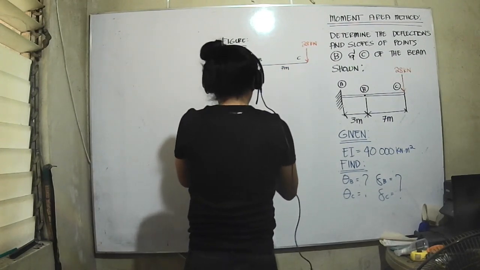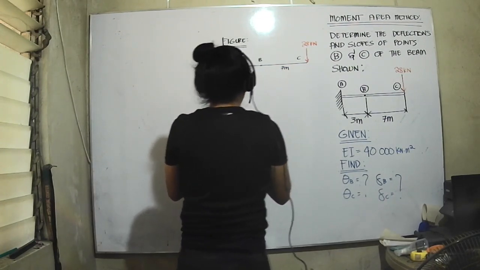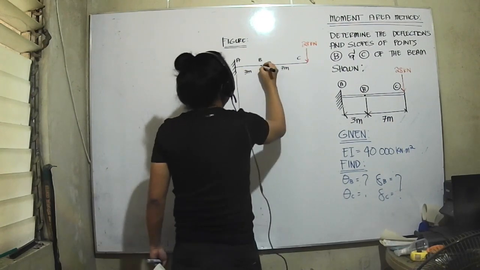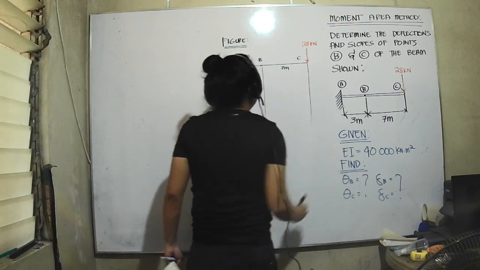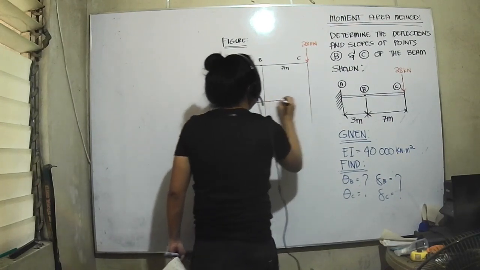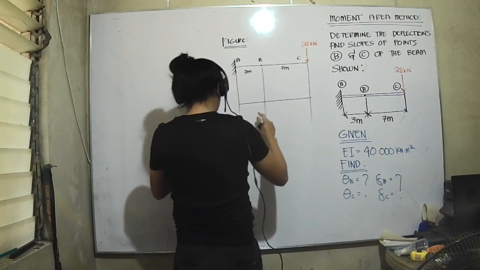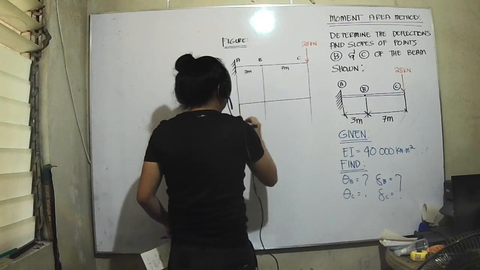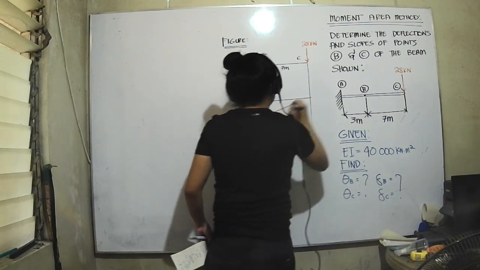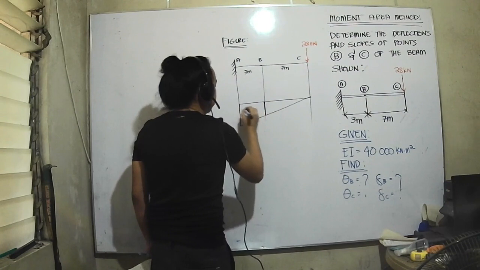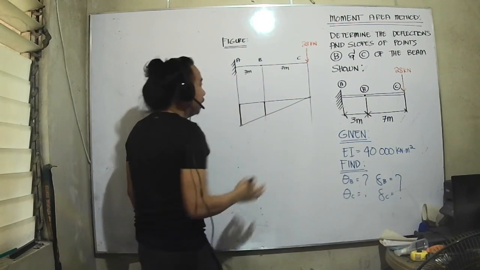Now, what I will do here is first draw the M over EI diagram, okay? The curvature diagram. Our curvature diagram would somewhat look like this, okay? You can recall the bending moment diagrams by parts.